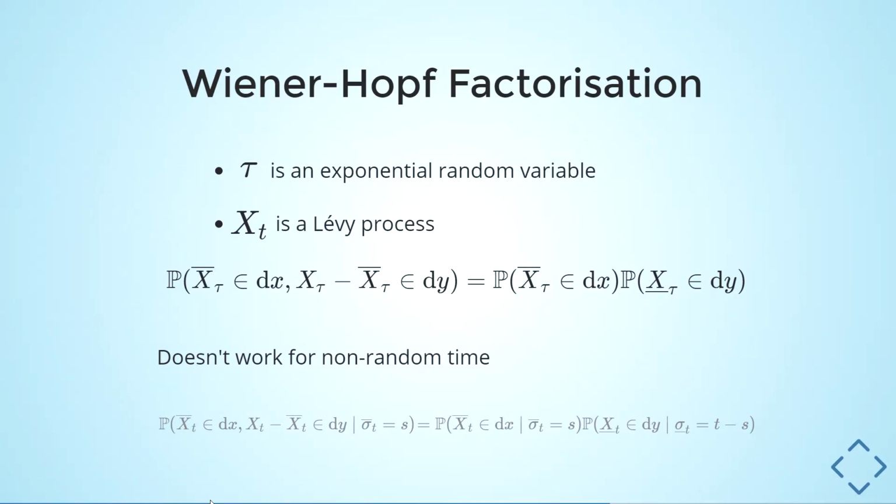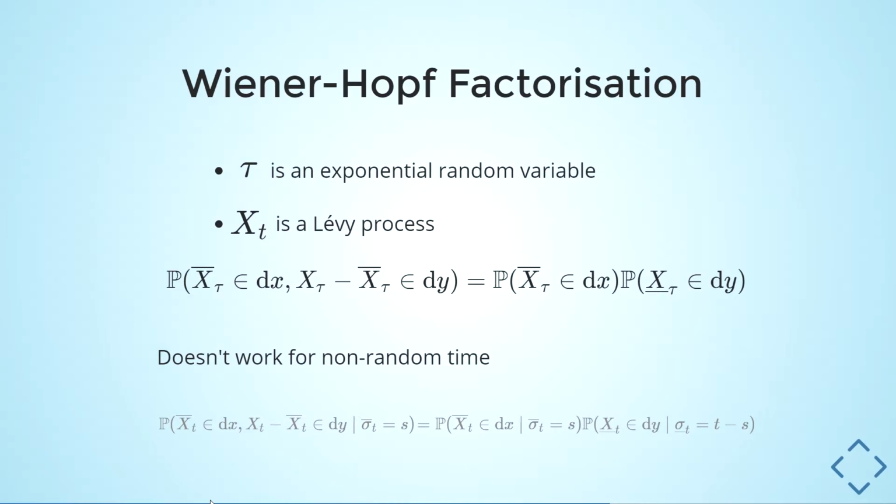This is a product of one application of the Wiener-Hopf factorization, which is the thing that Søren Asmussen was so excited about. He was working on this, and that started this whole problem. The original Wiener-Hopf factorization looks at the problem where you stop at an exponential time, like your customer dies after an exponentially distributed amount of time, but your stock price is driven by a Lévy process instead.